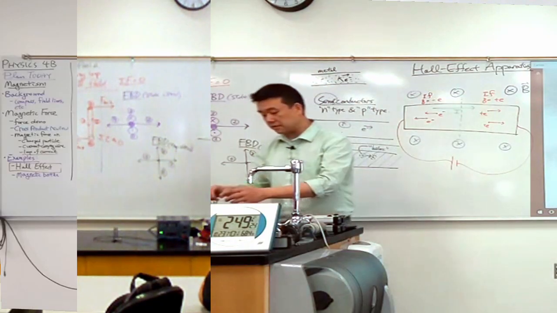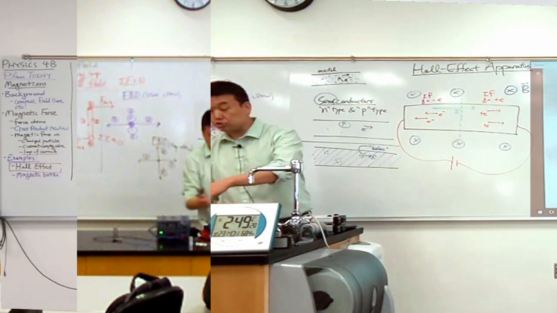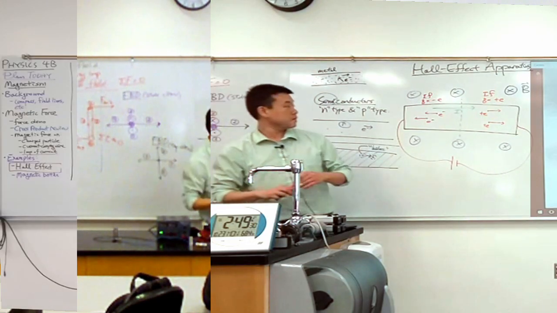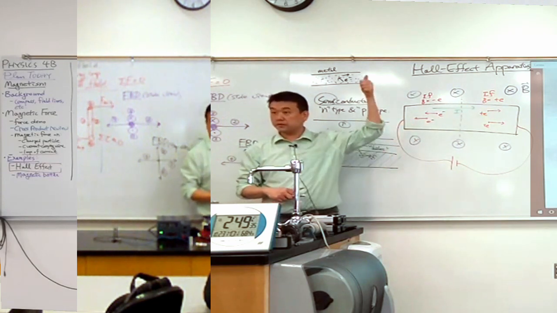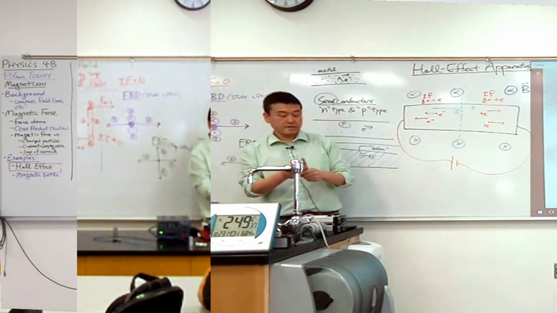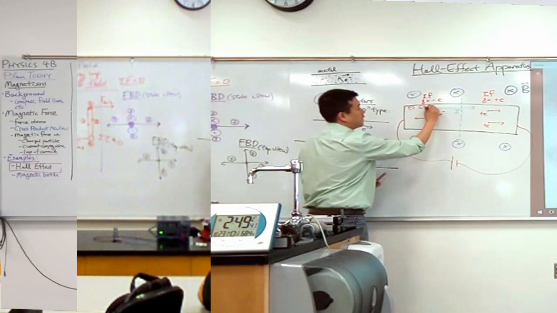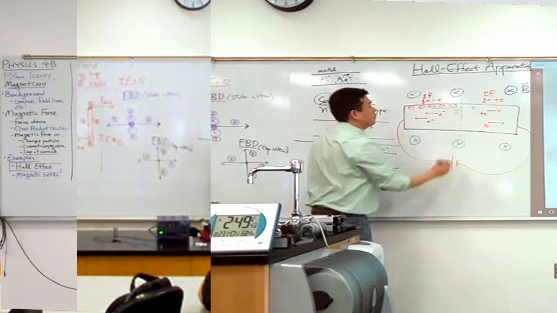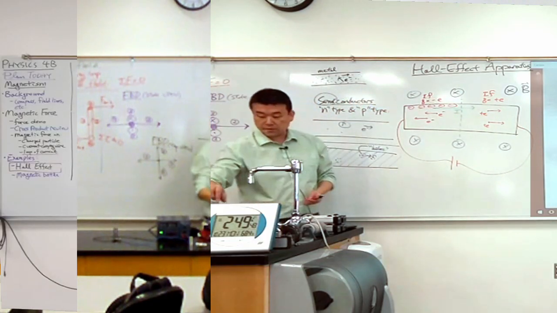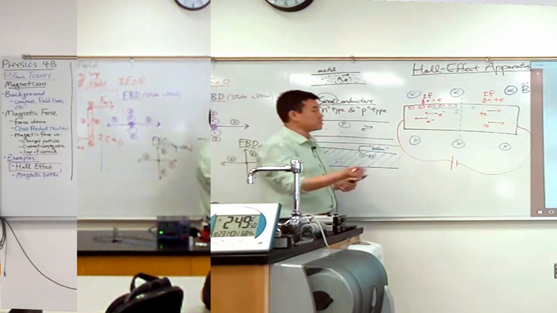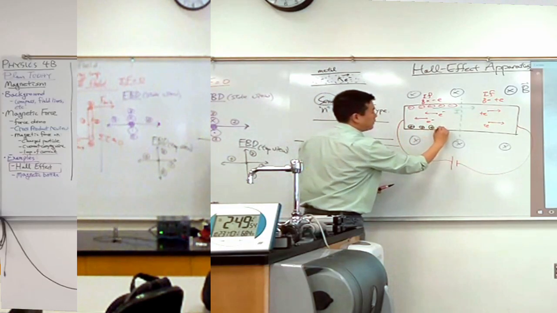But the Hall effect comes in when you consider, all right, what happens to these charges due to those forces? So if I have these negative charges that are experiencing upward force, then this is what I get. I have negative charges that accumulate on the top side of this conductor, which also means, because the whole thing has net charge 0, there must be positive charges that accumulate down here.